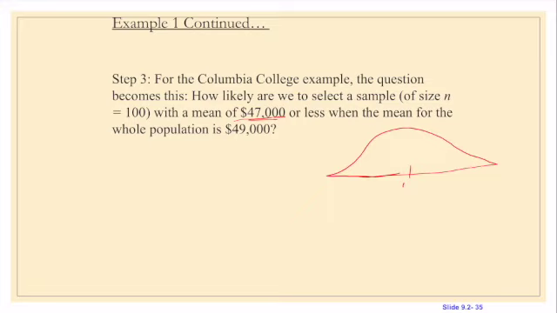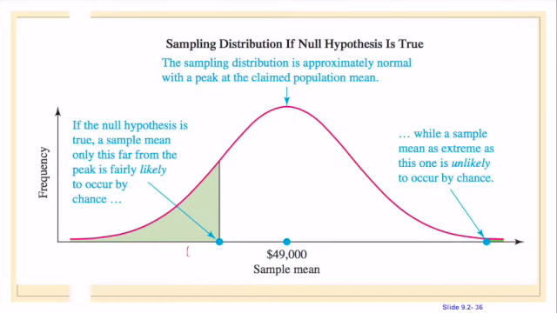So I need to find a p-value, and we're going to do that by calculating a z-score. We're going to look at a distribution of sample means. So, if our null hypothesis is true, then this value over here is going to be less than 0.05.